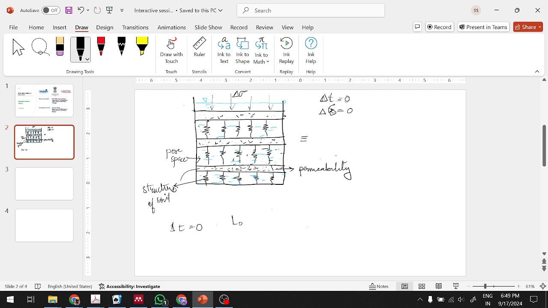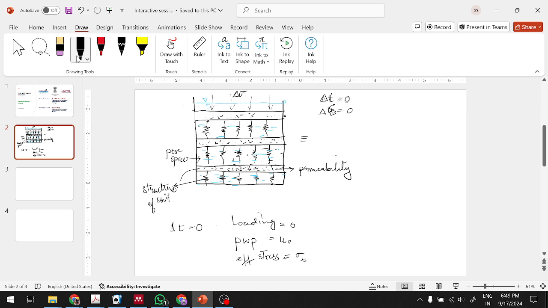Our loading is delta sigma dash, and our pore water pressure before loading is U naught, and effective stress is equivalent to sigma naught.